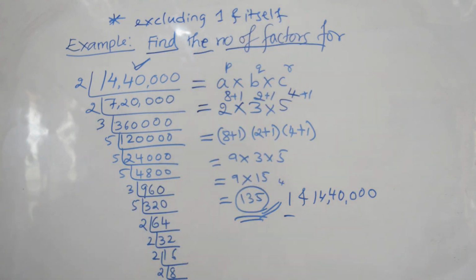In such cases, when we get the number of factors 135, we have to deduct two, that is 1 and itself, and then the total number of factors will be 133 after excluding 1 and itself.